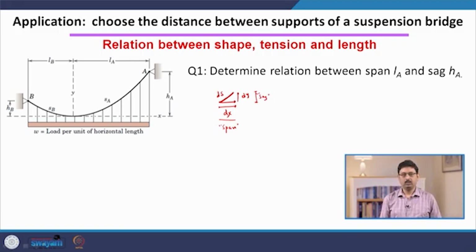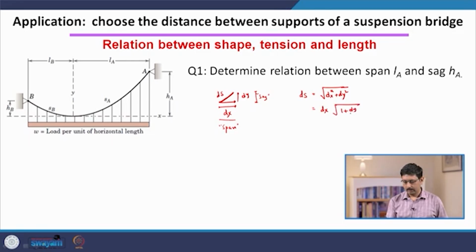So, you want to know the relation between span and sag. From geometry we have this relation, and then if I take dx out, I can write it as follows.